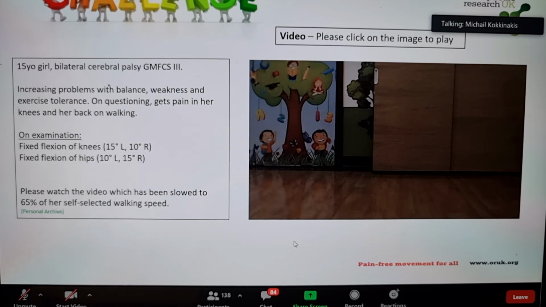I would agree. And there was another comment about the association between splints and muscle bulk. I did a quick search there and I couldn't find any evidence whatsoever.